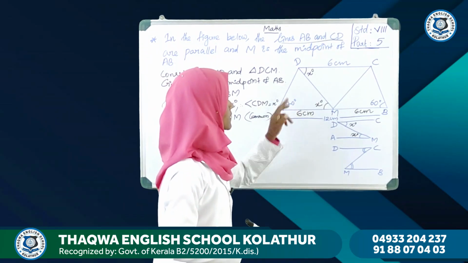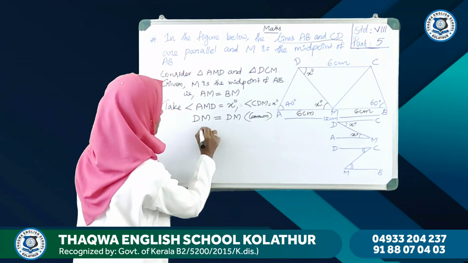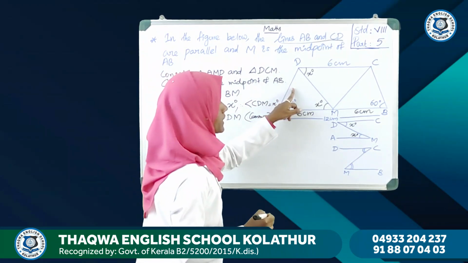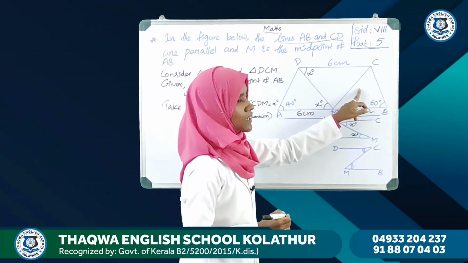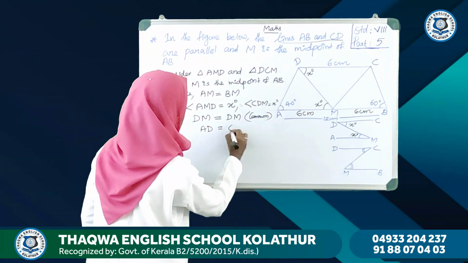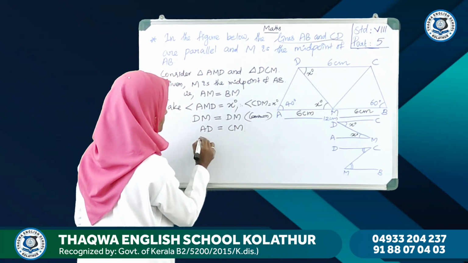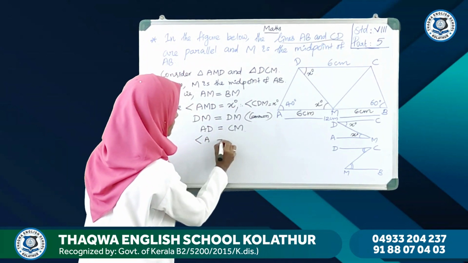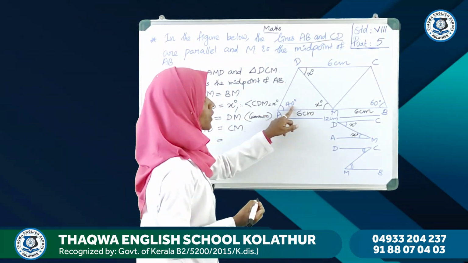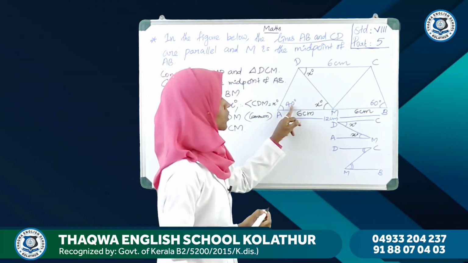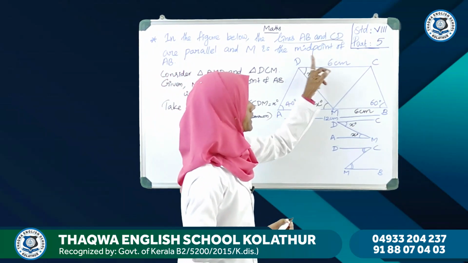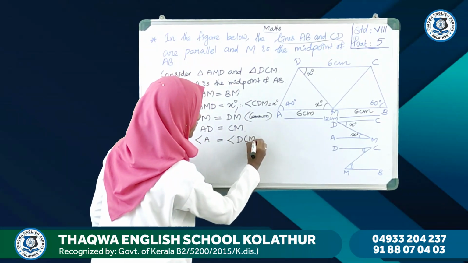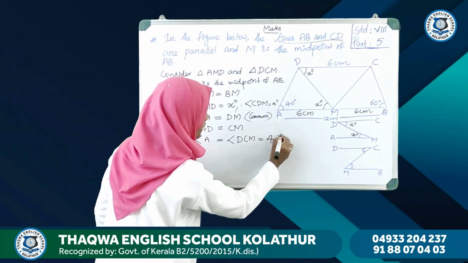What is the other side? AD equals CM. The next angle, angle A equals 40 degree. So we can write angle DCM is also 40 degree.